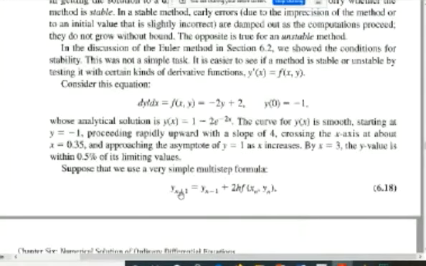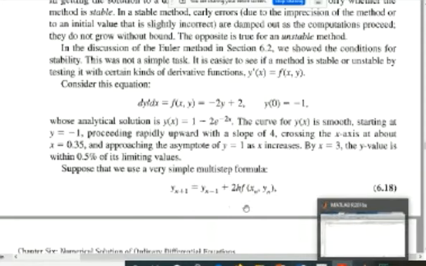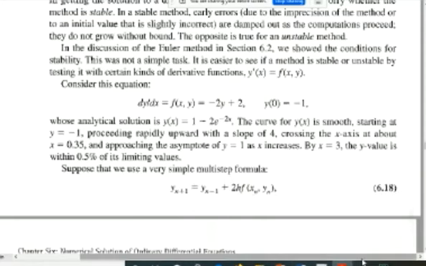And we can define this formula, which is shown as formula 6.18: y(n+1) equals y(n-1) plus 2h f(x(n), y(n)). Let me define this formula in MATLAB.